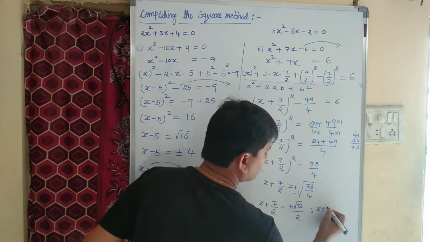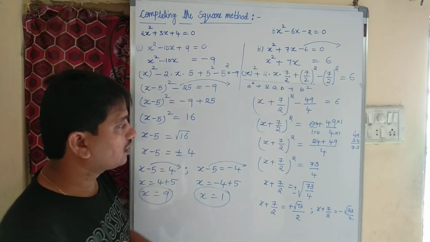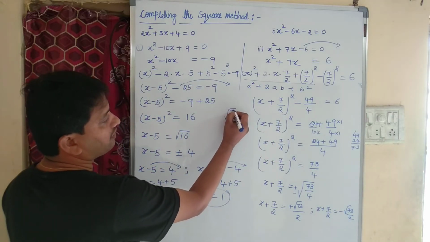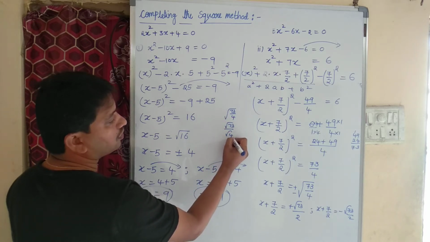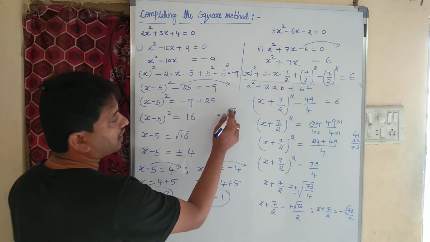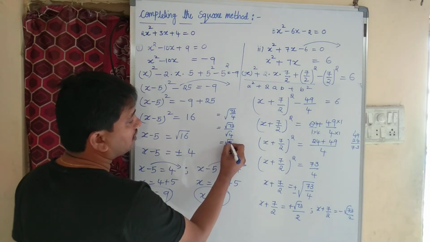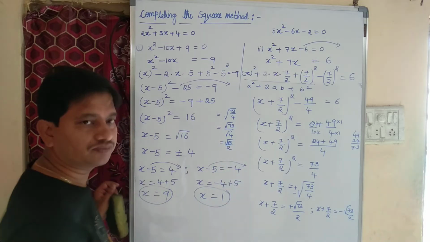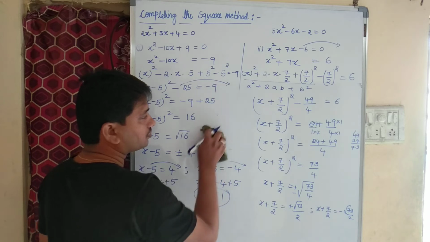Second one is x plus 7 by 2 equal to minus root 73 by 2. Children, are you understanding? We know that root over 73 by 4, I can write as root 73 by root 4. Yes, root over a by b, I can write as root a by root b. So root 73 by root 4 is nothing but what? 2. That is the reason I wrote root 73 by 2.